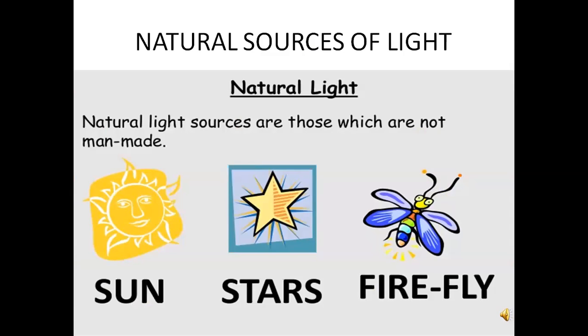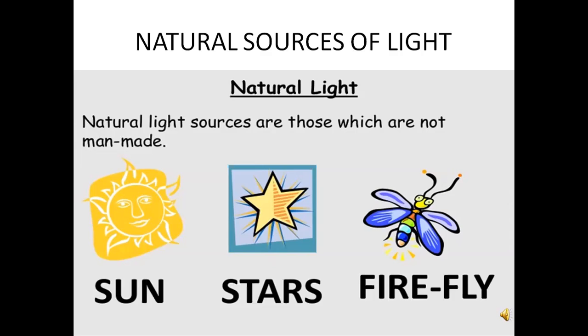Stars also produce light in the same way as the sun does. As they are much farther away than the sun, the light from them is too weak. The moon provides light partially in the night.